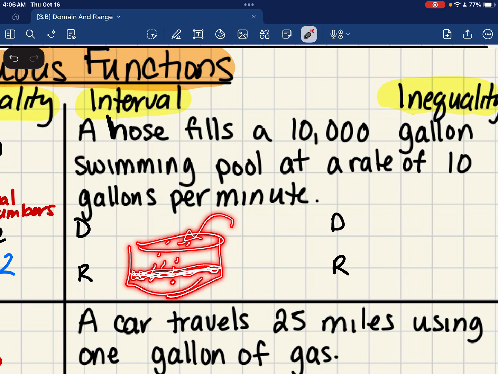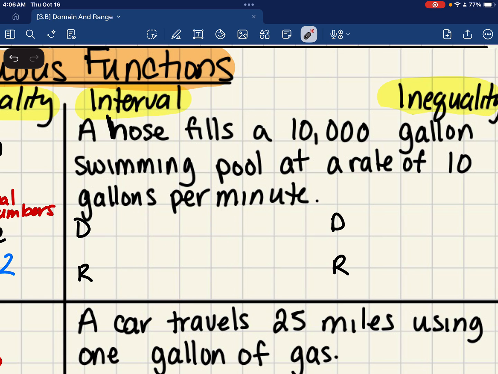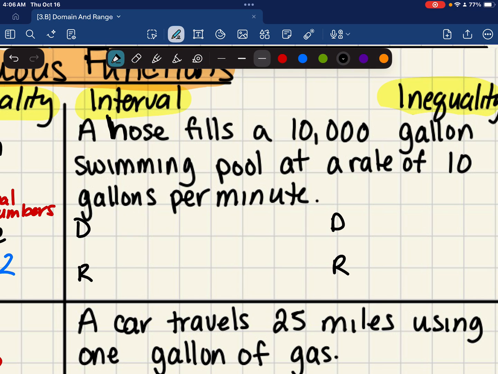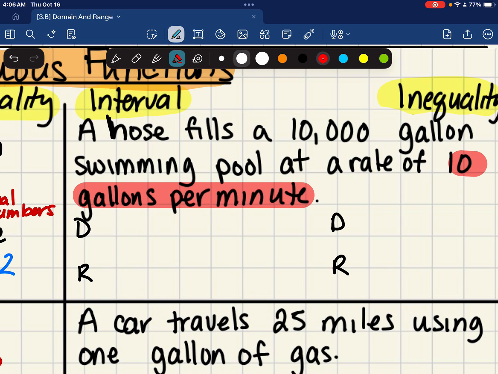Or the number of minutes that pass, does that determine how high the pool is going to get? Well, nothing can control time, right? Time's going to pass no matter what is happening. So any time that you have time, like minutes, seconds, hours, that's going to be your domain kind of thing. Because time usually determines everything else.